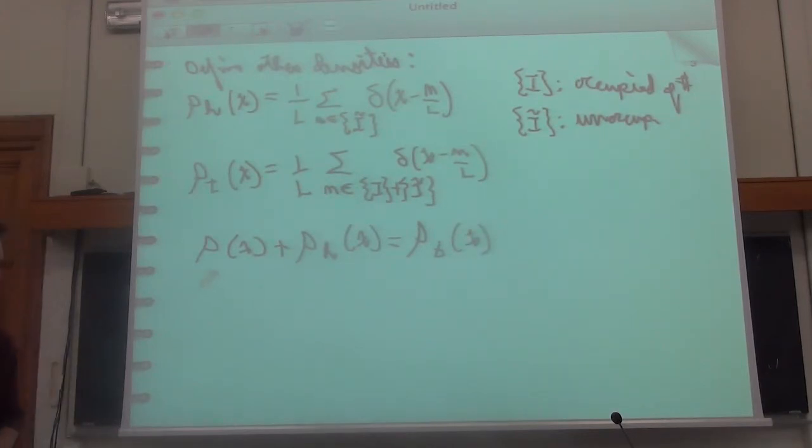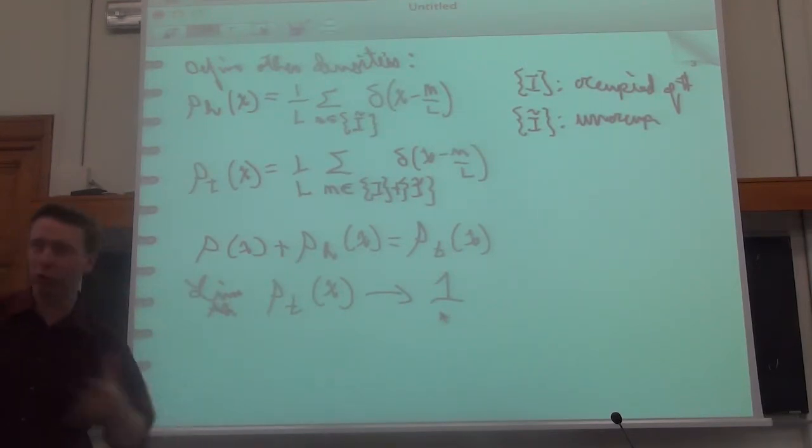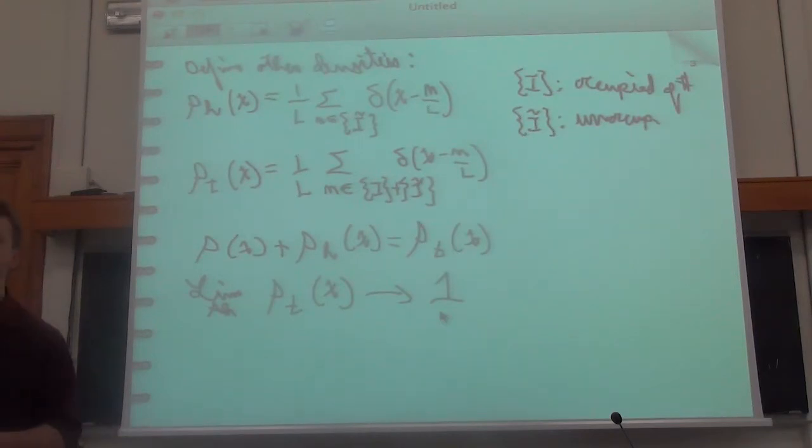And in the thermodynamic limit, rho total of x goes to 1, because what you have are just delta functions at spacing 1 over L. Essentially any smooth function that you have, which has any measure of differentiability on a scale of 1 over L, will be such that when you manipulate it, the rho total will just behave as the unit operator in this functional space.